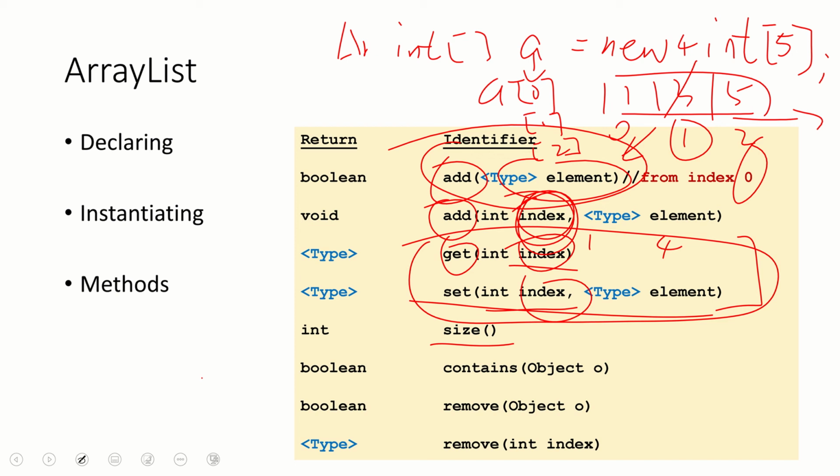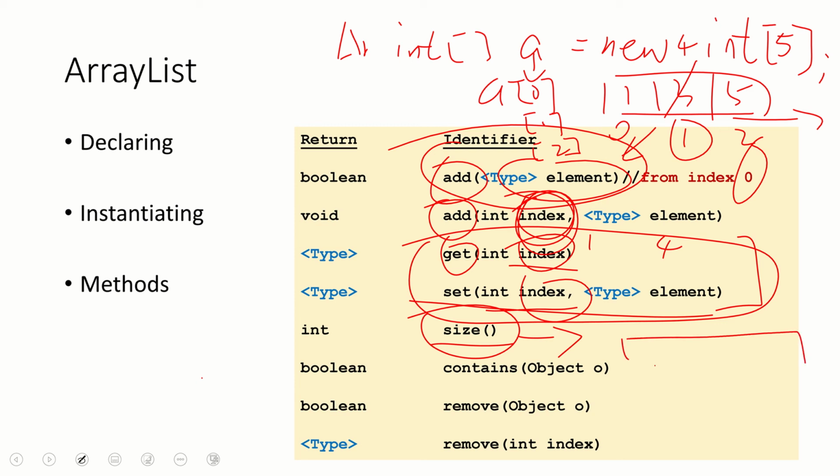Another method is size. As we said, array list has two different concepts, size and capacity, right? The size only returns the actual number of values assigned to elements.